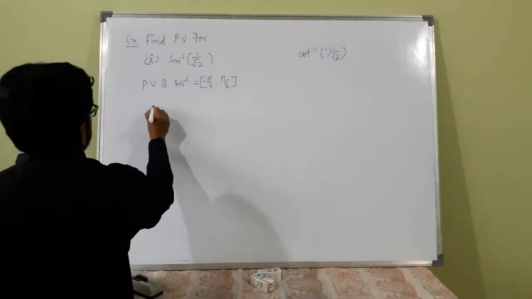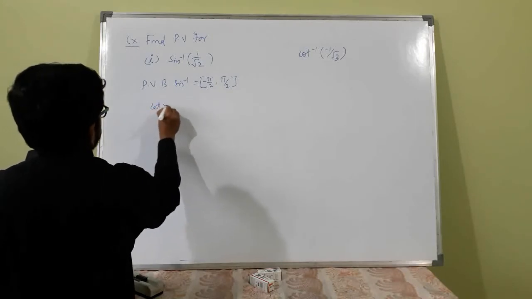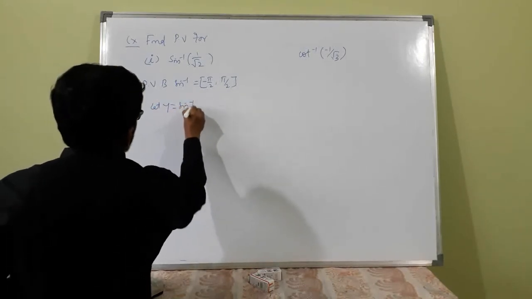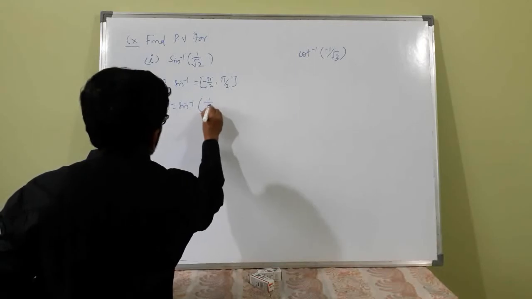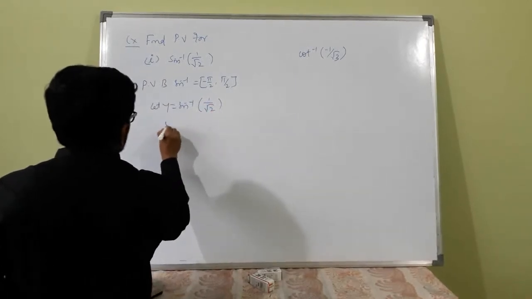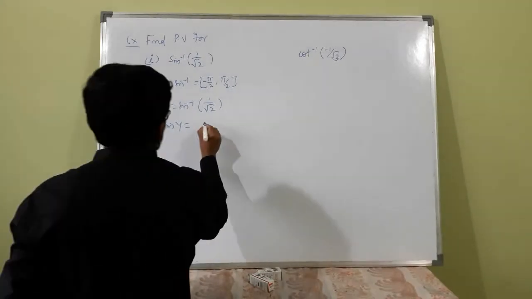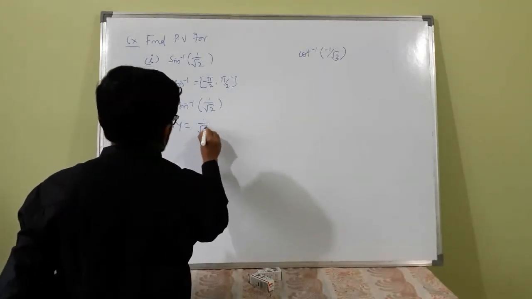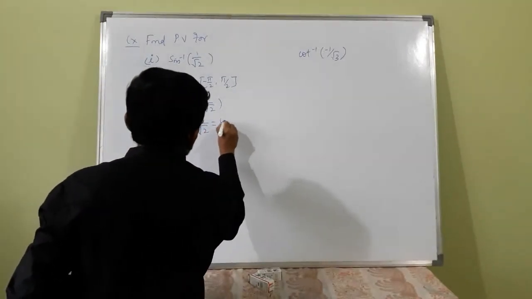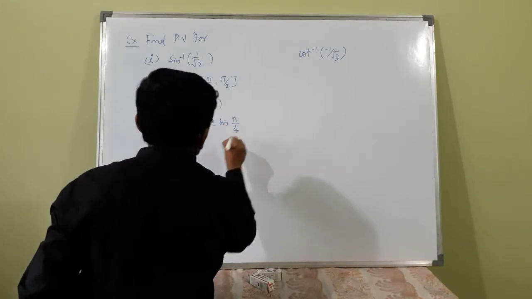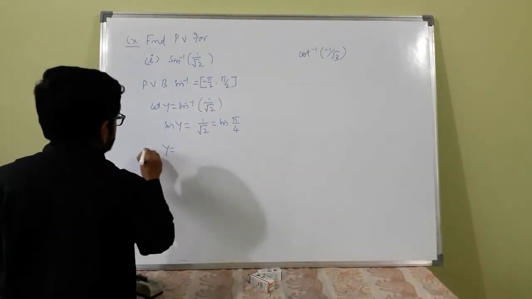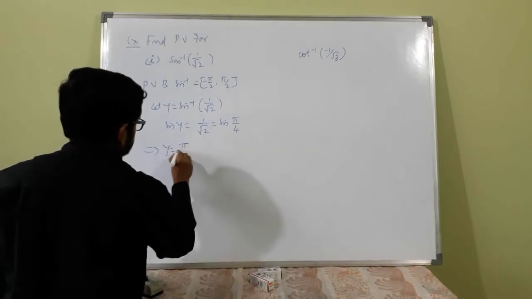So let y equal sin inverse 1 by root 2, or sin y is equal to 1 by root 2. This is sin π/4. So y is equal to π/4.